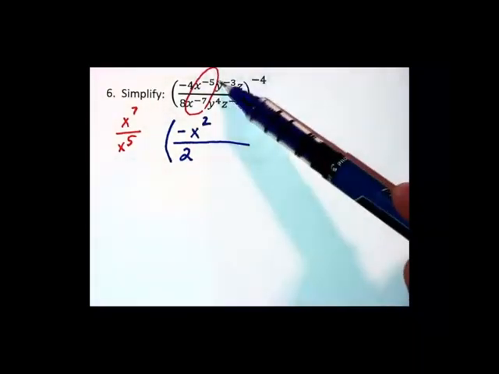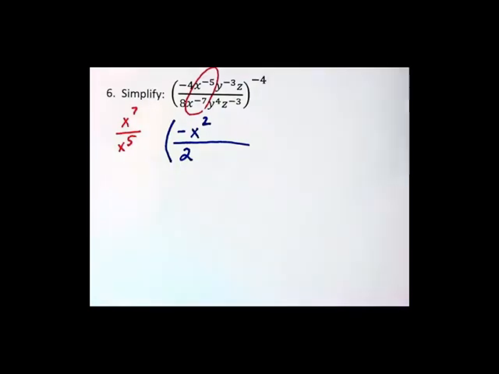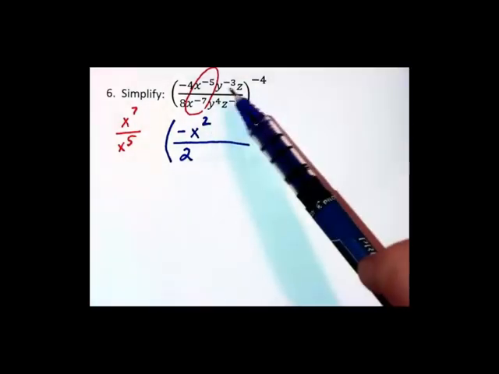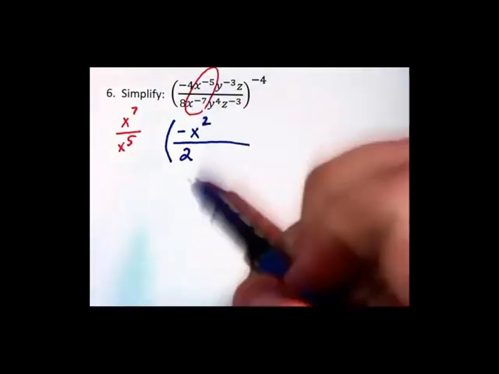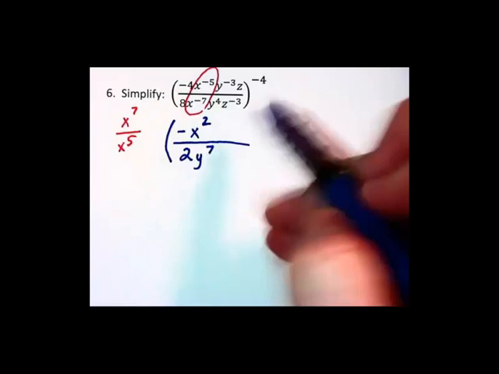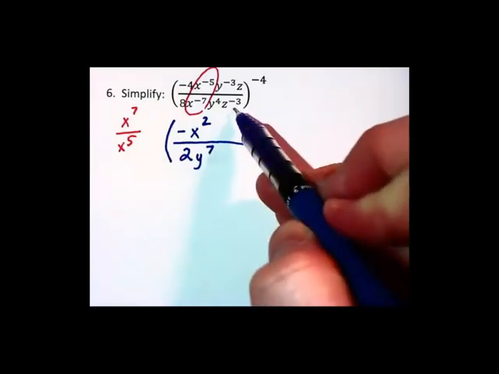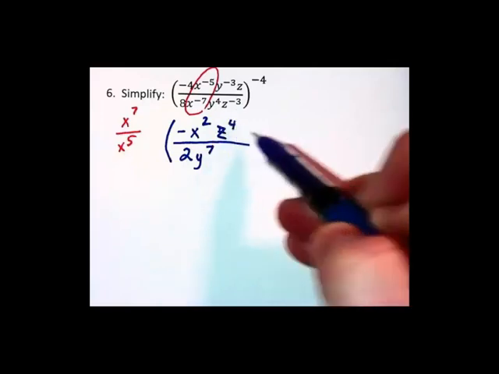I could have also said negative 5 minus the negative 7 gives me negative 5 plus 7, and gotten the 2 that way. With the y's, the y to the minus 3rd travels down to the denominator. The 4 plus 3 then becomes y to the 7th. And with the z's, the z to the minus 3rd goes up to the numerator and gives us z to the 4th up in the numerator.